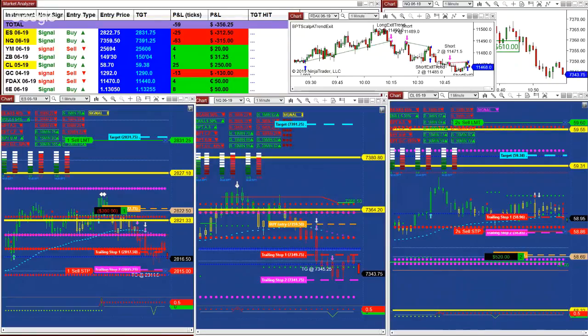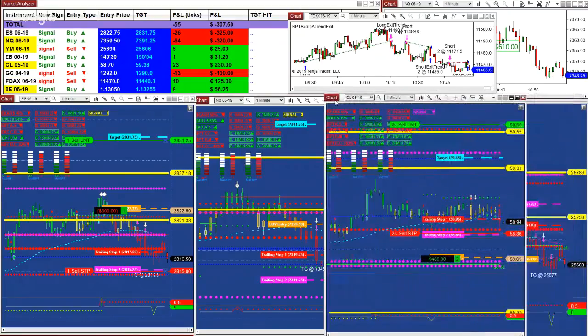What I see is the Nasdaq and the Dow Jones and the ES are fixing to get a new signal, and this market is not holding at all. We are about to get a new signal on the Nasdaq and the ES.